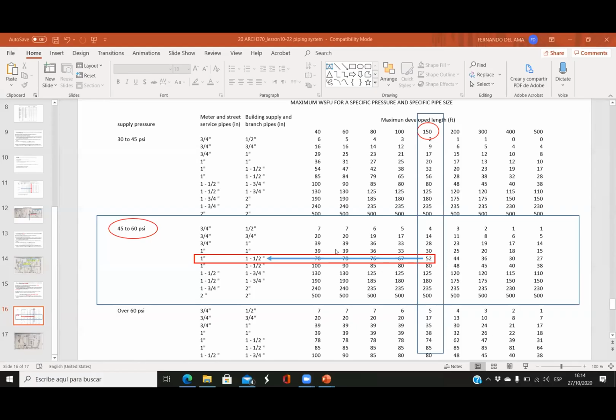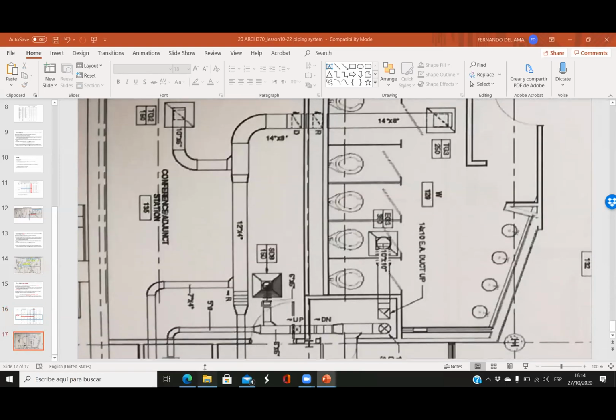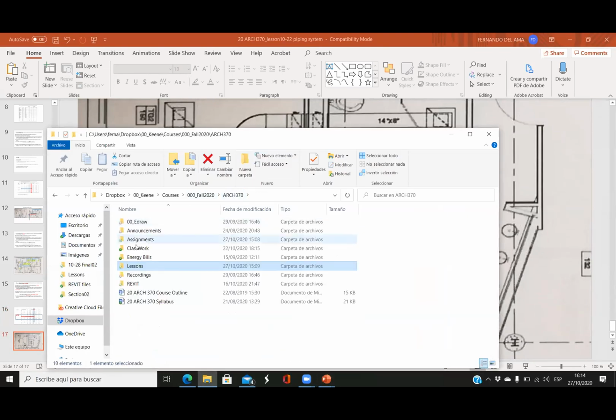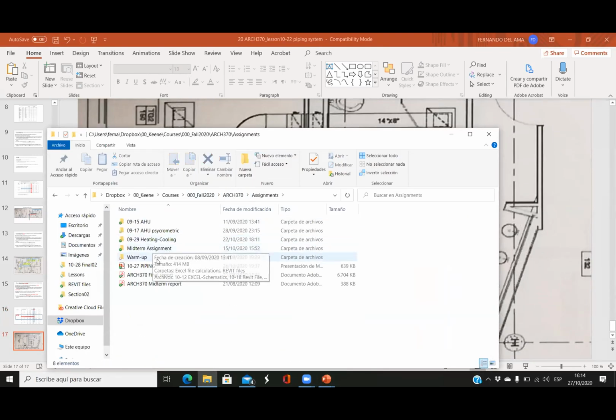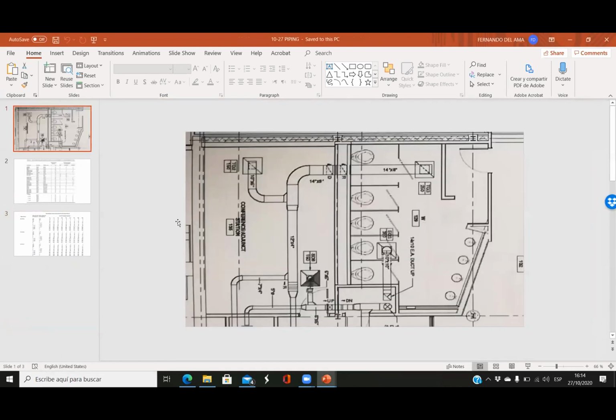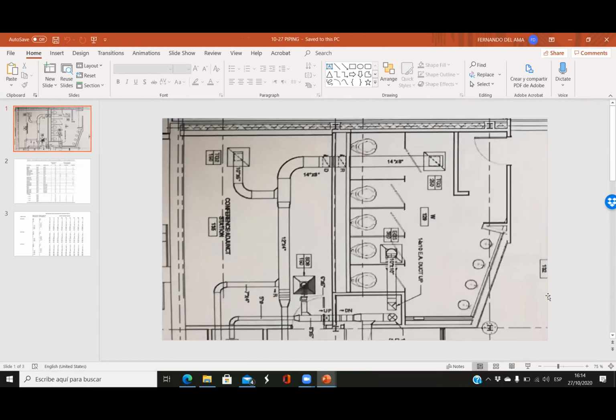Okay, so you have like 30 minutes to complete this. If we open the assignment, first you have to draw the layout.